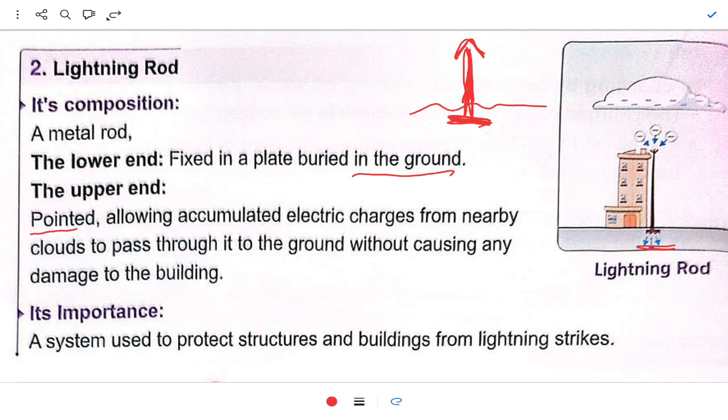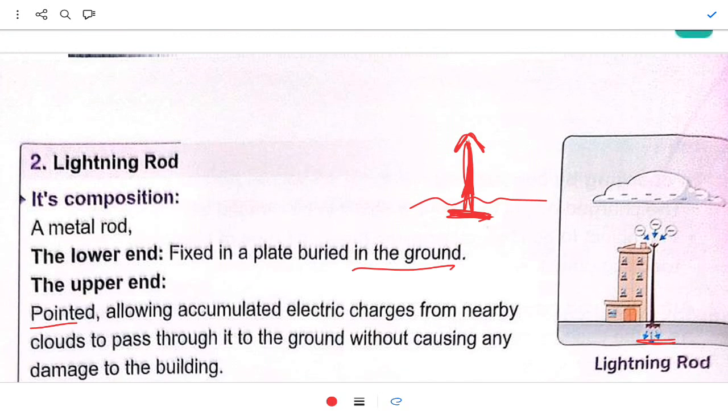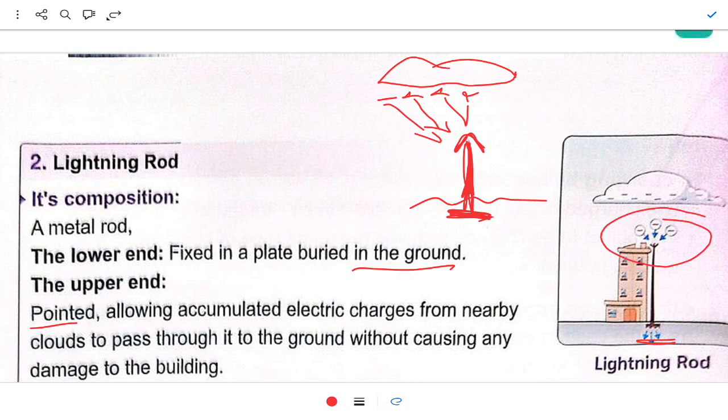There are clouds nearby this lightning rod. So this rod will accumulate electric charges from this cloud, like that.